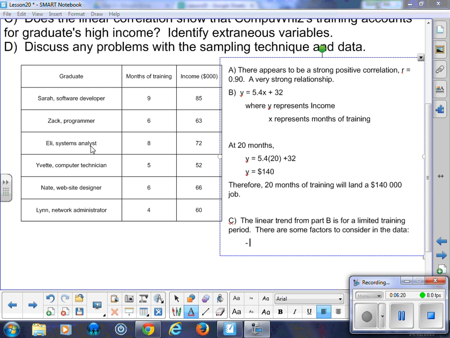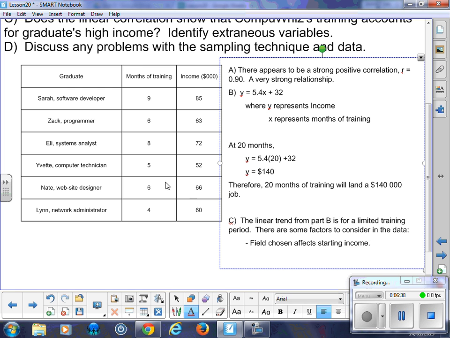Systems analyst is making 72,000. So I would think that the field chosen affects starting income. Because if you're going into a less needed field, for example, there may be more computer technicians out there than software developers. So it's a hotter spot, harder to get software developers. So the greater the demand, the better.